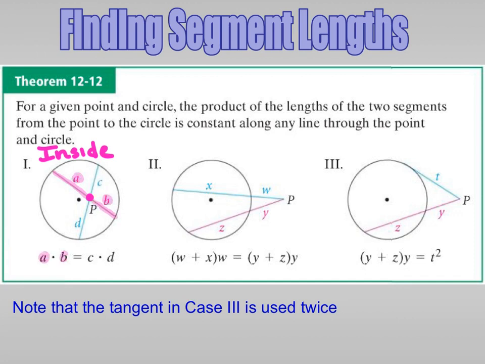So it's A times B equals, again along the same line, we have C and D. And it's C times D. So a way of thinking of this is it's the little times the little of each segment. So little times little.